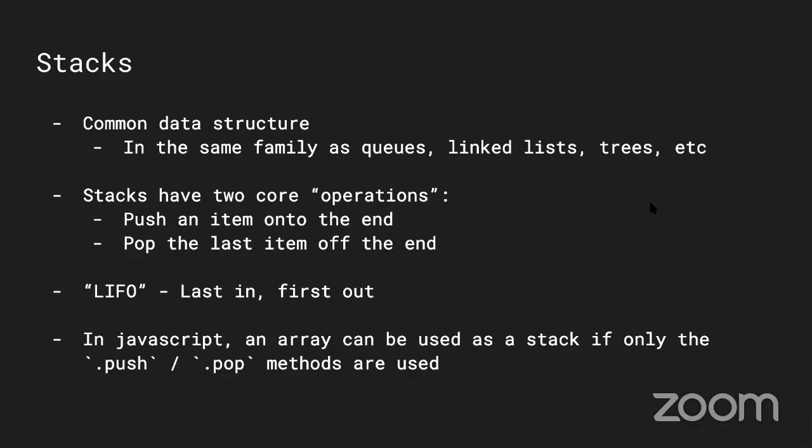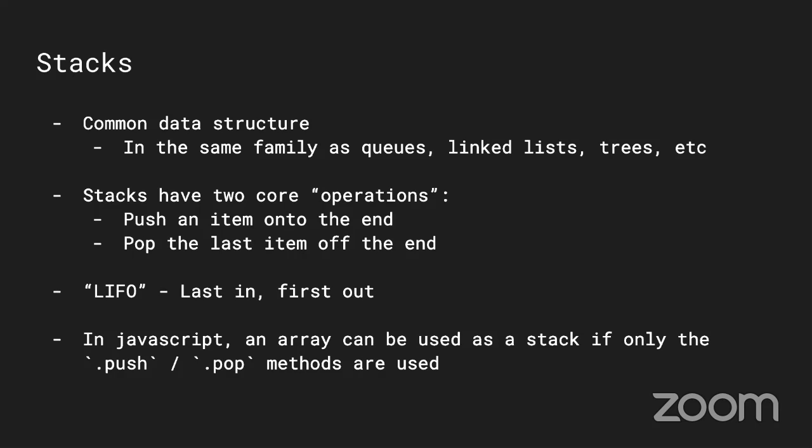Well, we're actually talking about stacks first. I forgot about that. So a stack trace comes from a thing called a stack. And a stack, just like in a programming language, is a data structure, just like an array or an object. It's a way you can store data in a program. It's in the same family as queues, linked lists, trees, objects, arrays. And stacks have two core operations. Think of them like an array, where you can do two things.